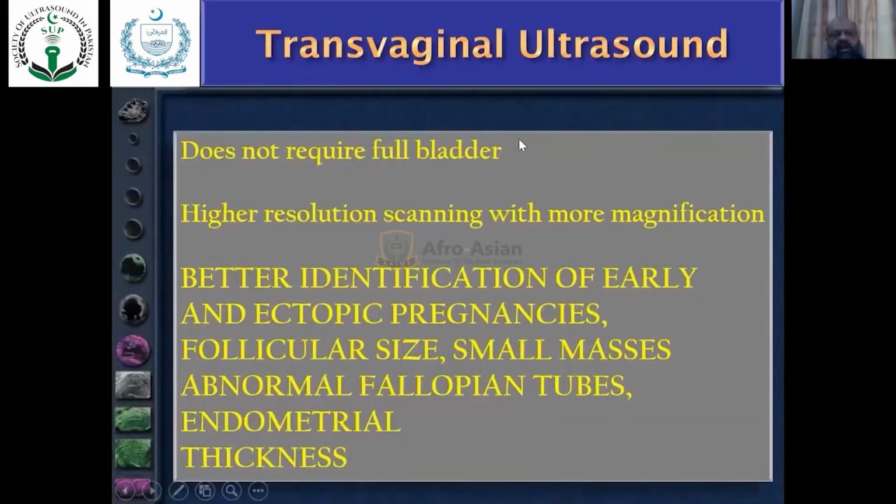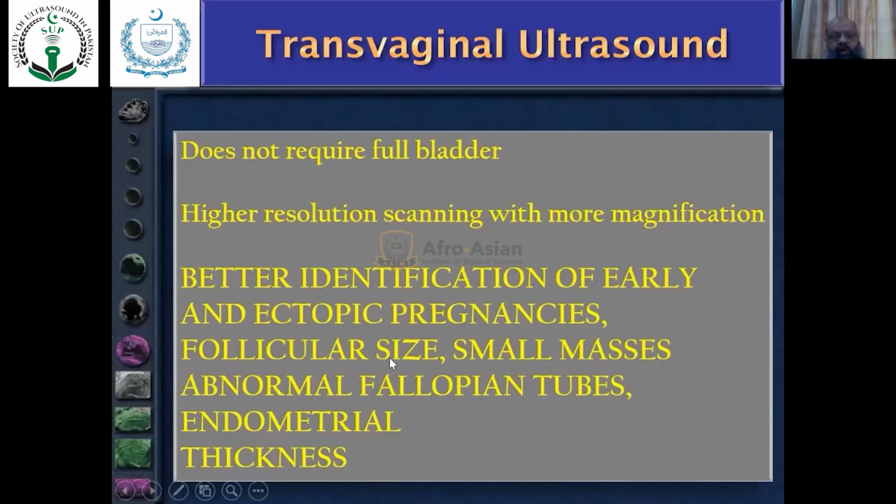Whereas transvaginal ultrasound does not require a full bladder. It gives higher resolution scanning with more magnification, with better resolution because of the higher frequency which is used, and better identification of early and ectopic pregnancies.